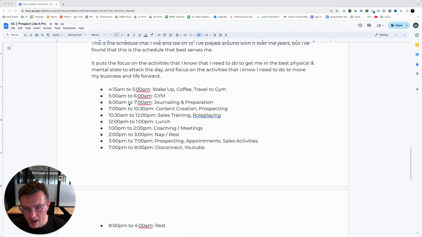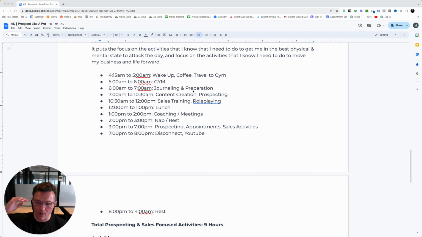Okay. I also like to spend time, whether I'm traveling or in the office, preparing. The way that I do that is by writing down my goals and the 3 actions that I need to prioritize that day.